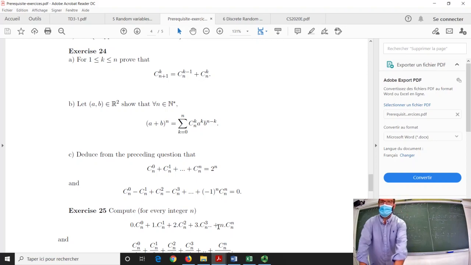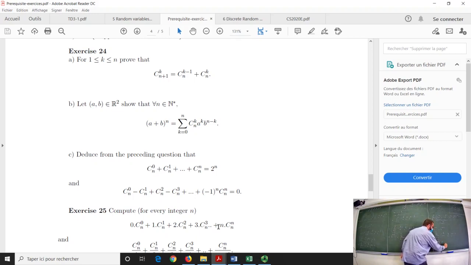So it means that the sum I am interested in can be written as the sum from k equal to 0 to n plus 1 of C(n+1,k) a^k b^(n+1-k), and I have done the job by induction.